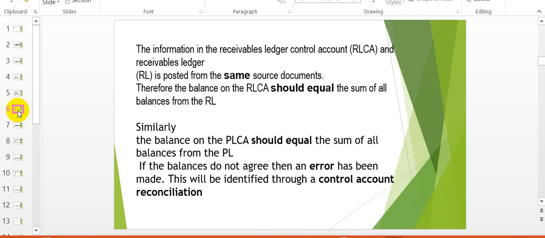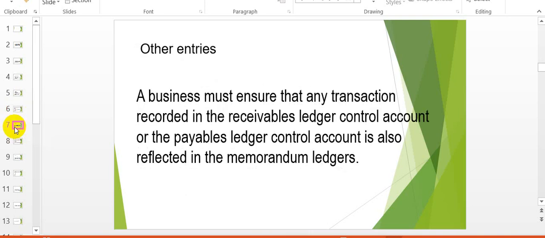If the balances do not agree on these control accounts and the memorandum ledger, then an error somewhere down the line could have been made. So to find this error, an entity will have to perform a control account reconciliation. We will look at reconciliation at some point later in the study.